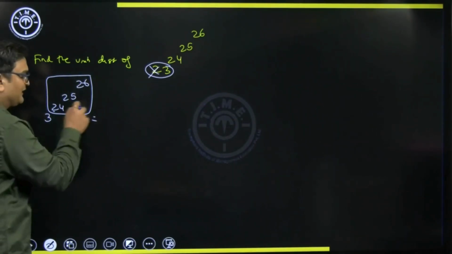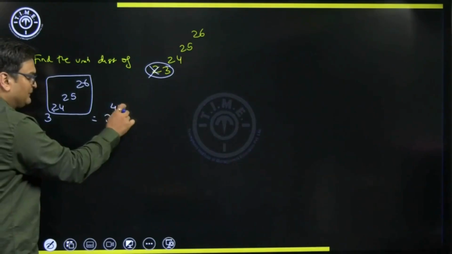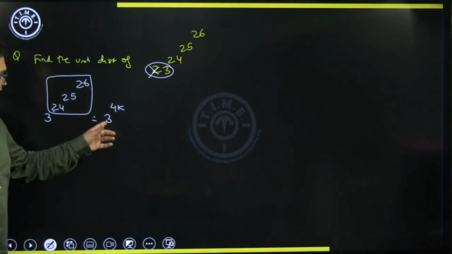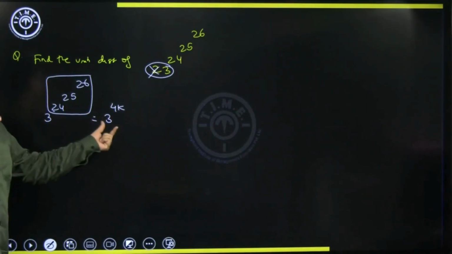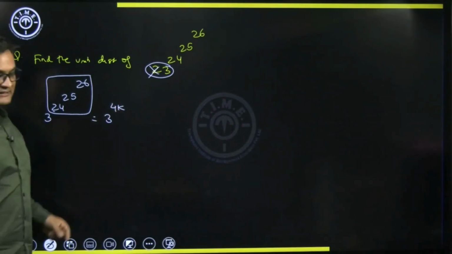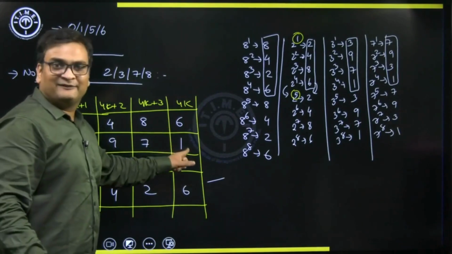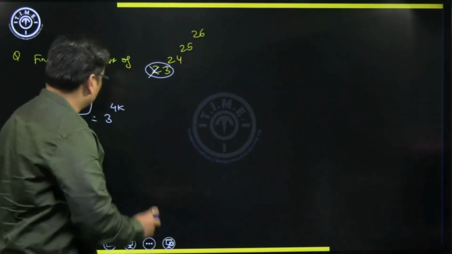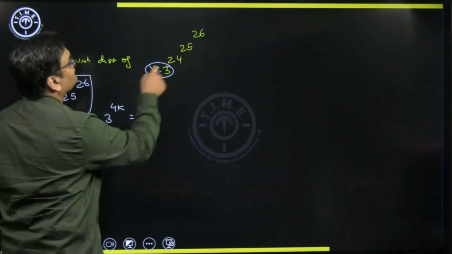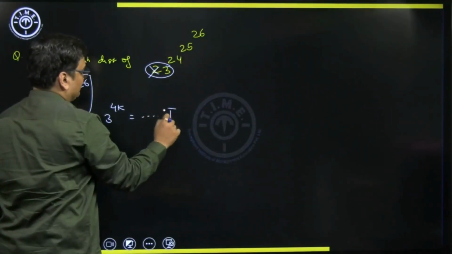Hence the power that we have right now is actually a multiple of 4. So the given number is of the form 3 to the power 4k. So if it's 3 to the power 4k, again from the table, it should be ending with a 1. So thus the units digit of this number will be 1.